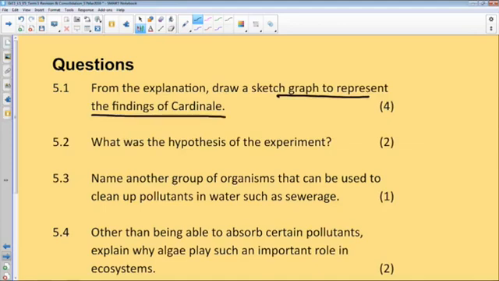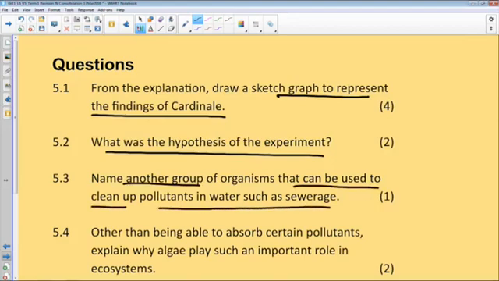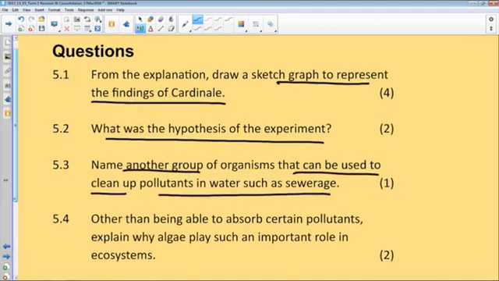What was the hypothesis of the experiment? 5.3. Name another group of organisms that can be used to clean up pollutants in water, such as sewage. And 5.4. Other than being able to absorb certain pollutants, explain why algae play such an important role in an ecosystem.